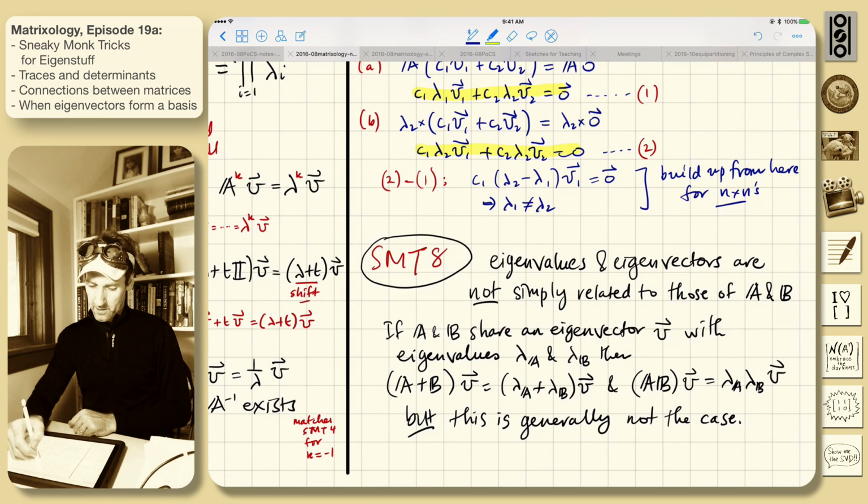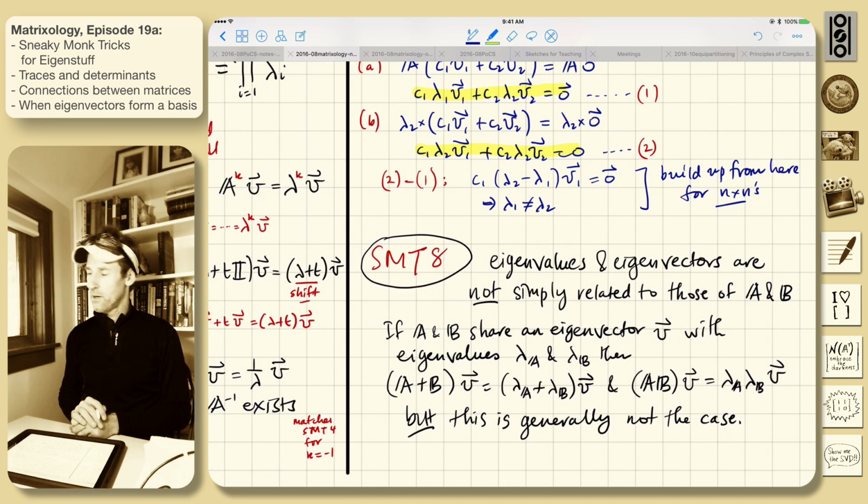This last piece, number 8 on this page, is to say that sometimes things work out very easily. The inverse of AB is B inverse A inverse. The transpose of AB is B transpose A transpose. We can do some nice things with products, but this is not right, I've written this in a funny way.